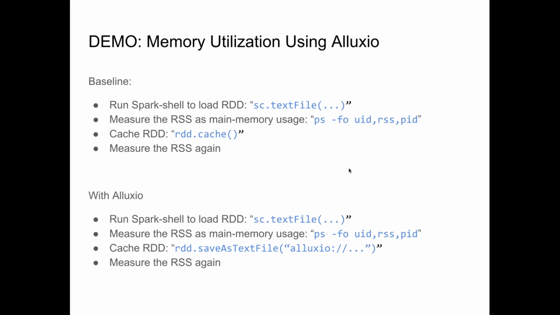In the last few months, we start to see more and more users deploying Spark on Kubernetes. And also, in the latest 2.1 release of Alluxio, we provide tools like a Helm chart to help users on Kubernetes deploy Alluxio.